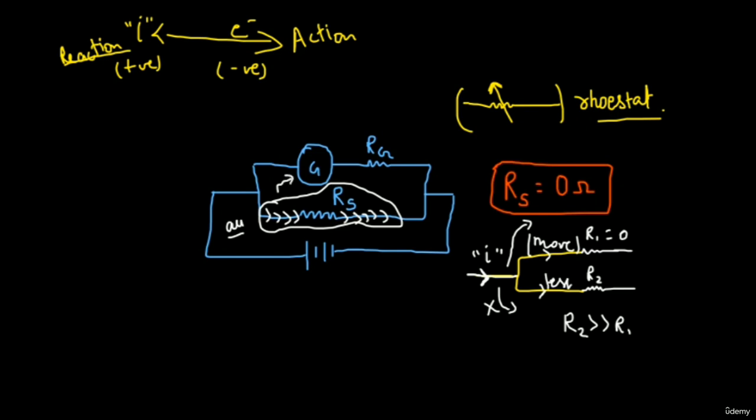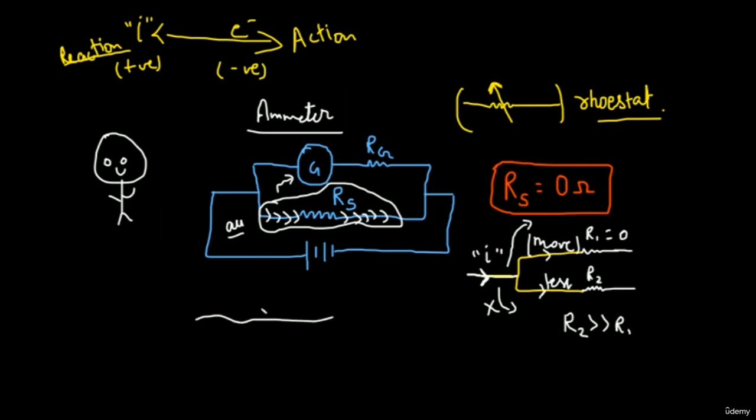You might be thinking about why I made that in parallel, and I want to answer that in the next one. For now, think about what's actually happening here. I think you have got the idea of what the ammeter is and how it works. Precisely, what we require is to flow the current in one direction, and that current will give us the reading.